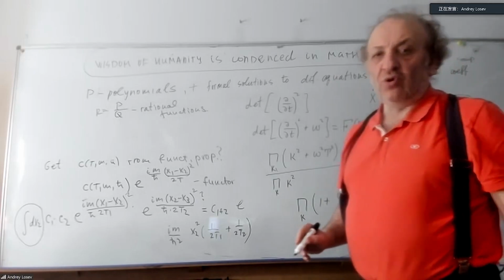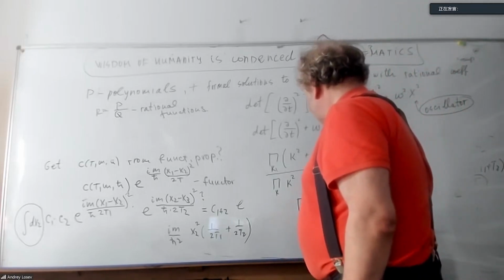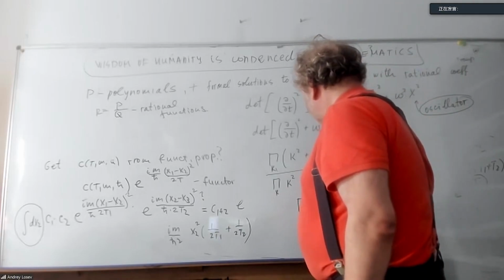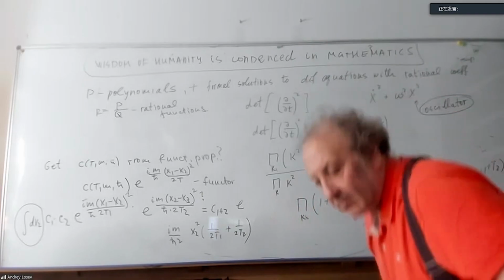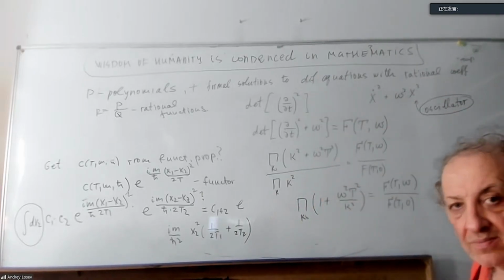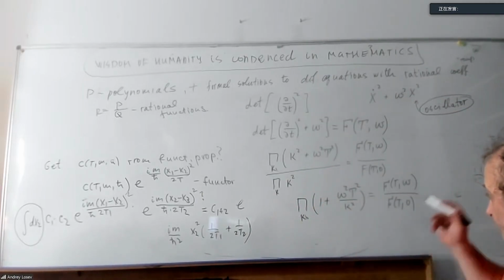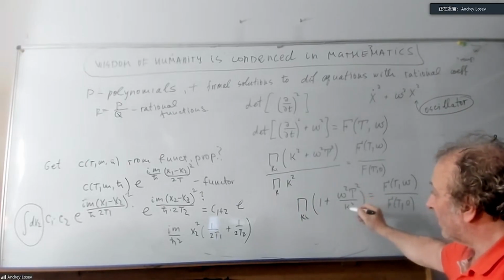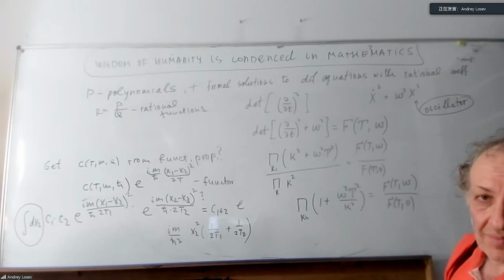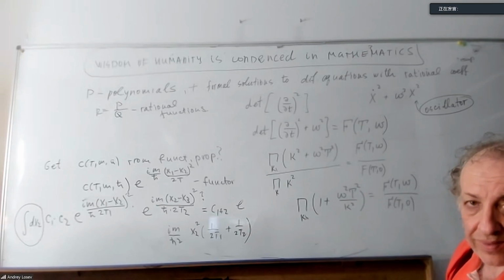So probably you know this formula. As a function of omega t, it has zeros. And of course it is sine.